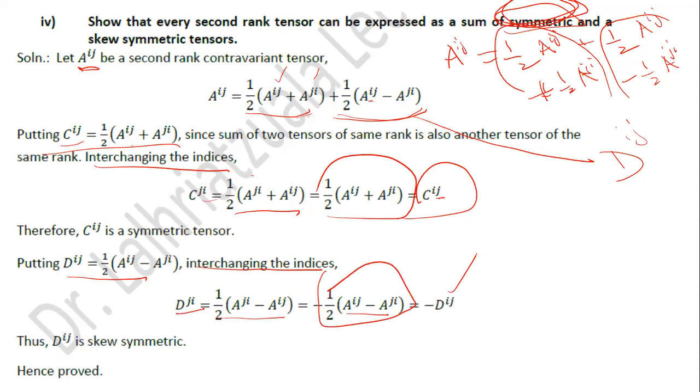So you see that the second term is having the property that interchanging of the indices will result in minus of the original value. Dij is equal to minus of Dji. Therefore, you can conclude here that this contravariant tensor of rank 2 can be expressed as sum of symmetric Cij and antisymmetric Dij tensors. Sum of symmetric and antisymmetric tensors. Okay.